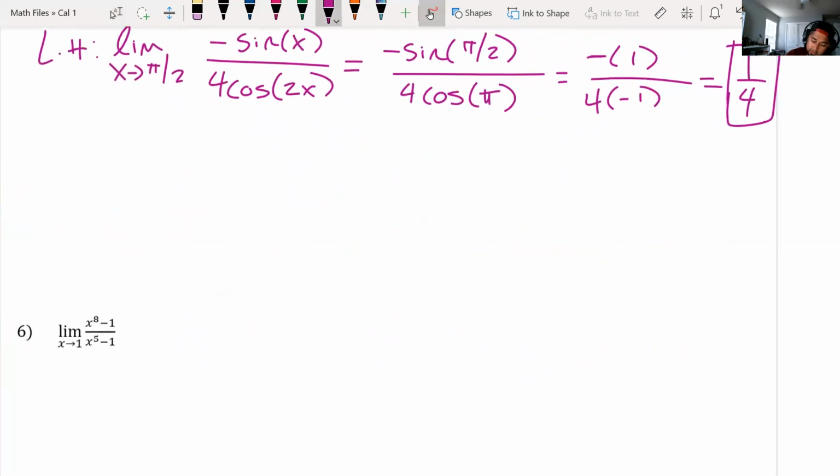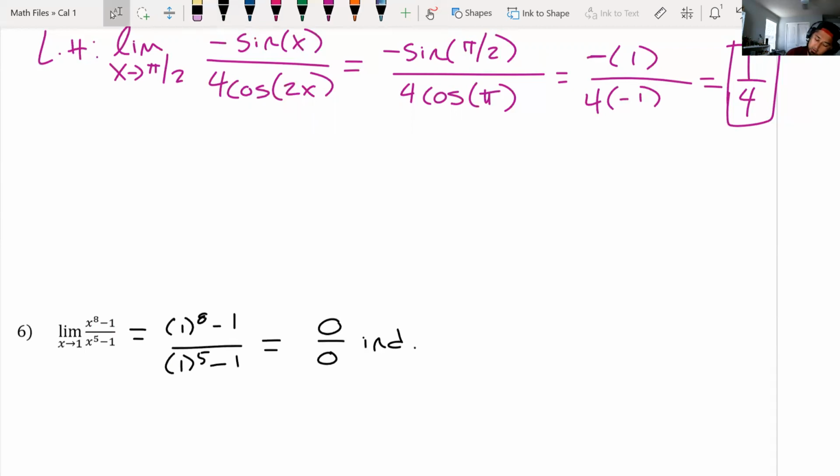All right. Again. Plug in 1. Give 1 to the 8th minus 1 over 1 to the 5th minus 1. That still gives you 0 over 0, which is indeterminate.